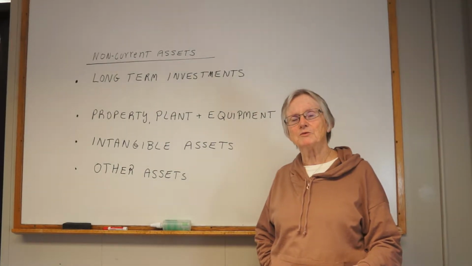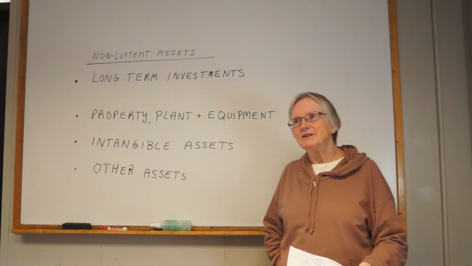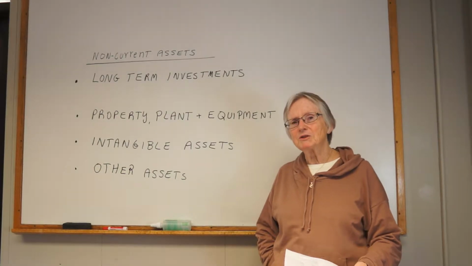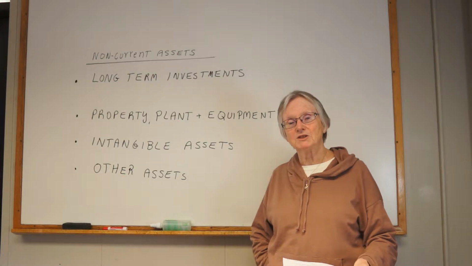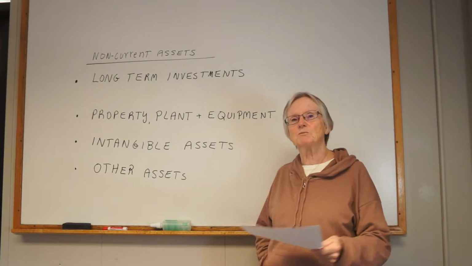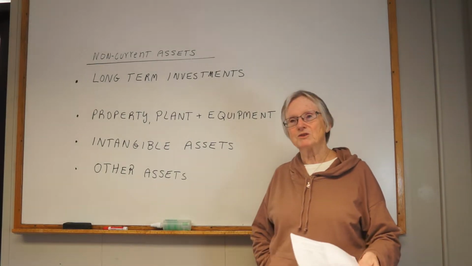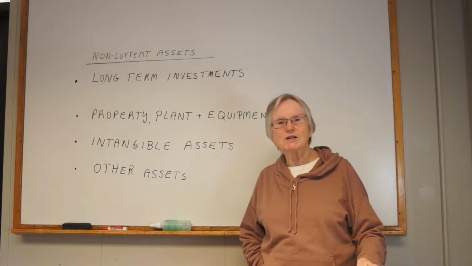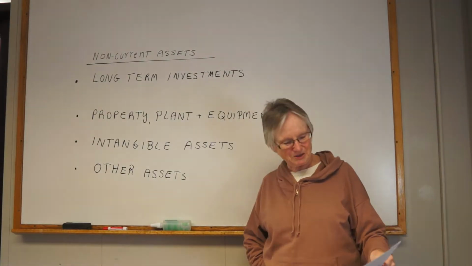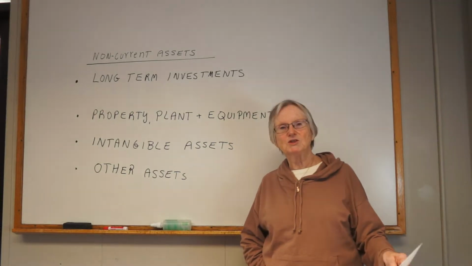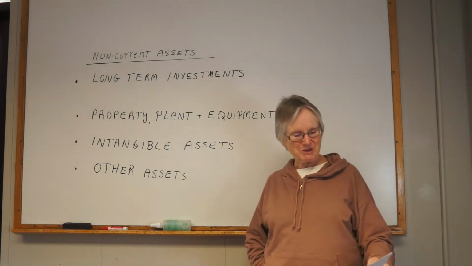If you remember, this is where the company bought enough of the other company so that they have significant influence, but not enough to file consolidated financial statements. So they have significant influence, but not control. And these investments are accounted for using the equity method. So you could have investments in non-consolidated subsidiaries or affiliated companies, where we don't have enough ownership to consolidate them. Those also end up in your long-term investment section.